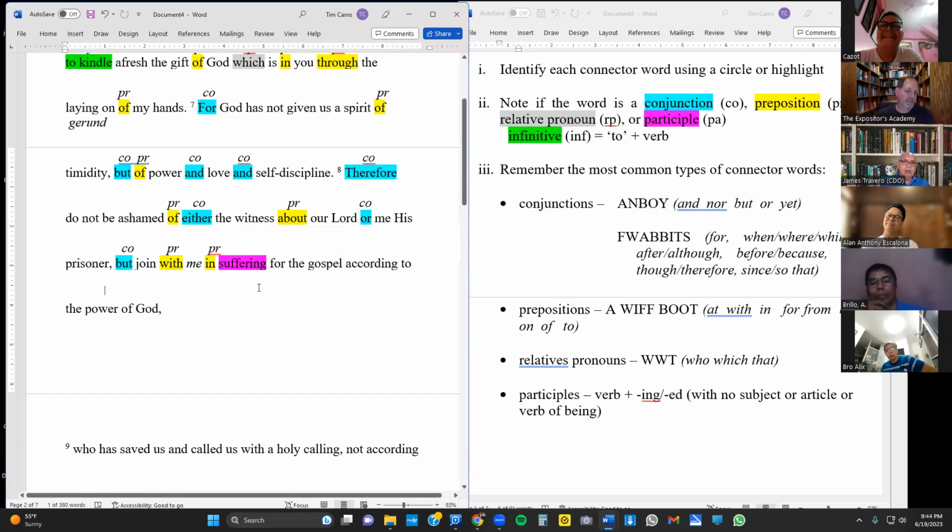Then we have to ask ourselves, is it a participle? We don't see an article, but what else do we not see? We don't see a subject. We don't see a verb of being. Yes. But remember, what follows a preposition? Normally, a noun does.